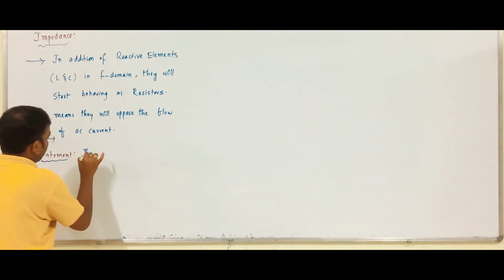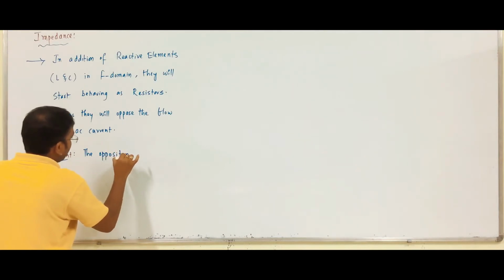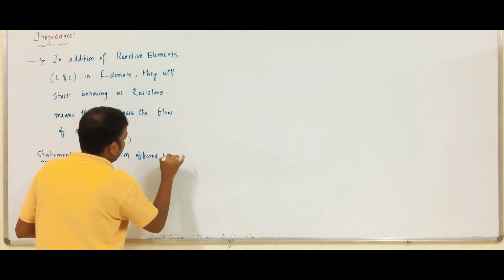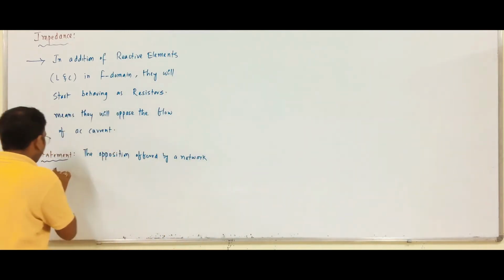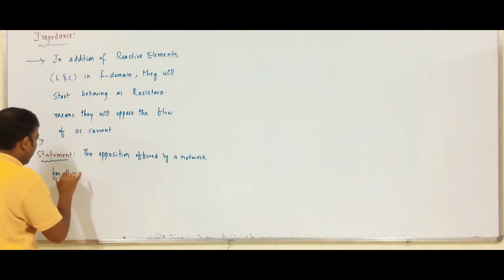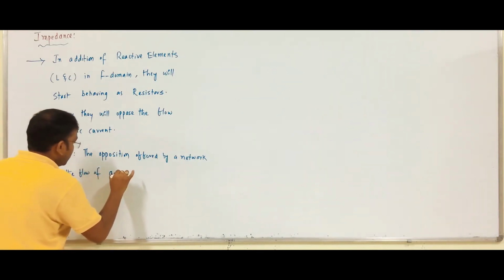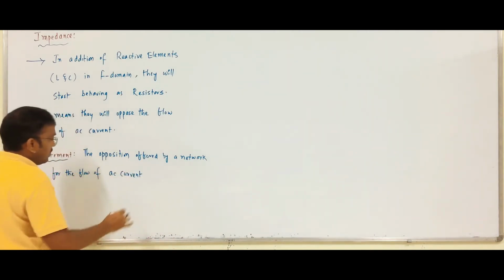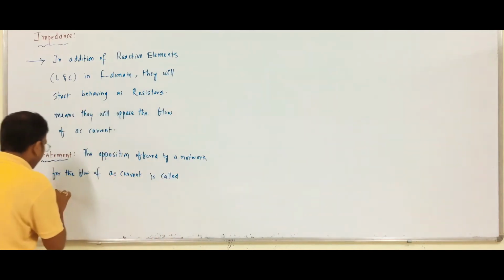The opposition offered by a network for the flow of AC current is called impedance.